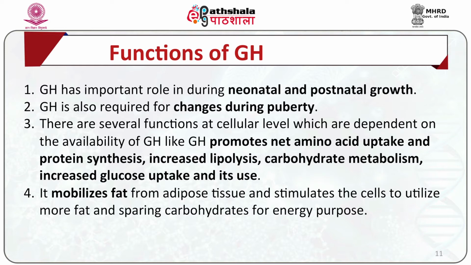There are several functions at the cellular level which depend on the availability of growth hormone. Growth hormone promotes net amino acid uptake and protein synthesis, increased lipolysis, and carbohydrate metabolism, with increased glucose uptake and use.